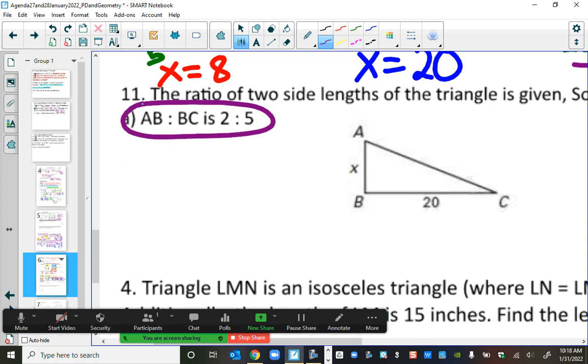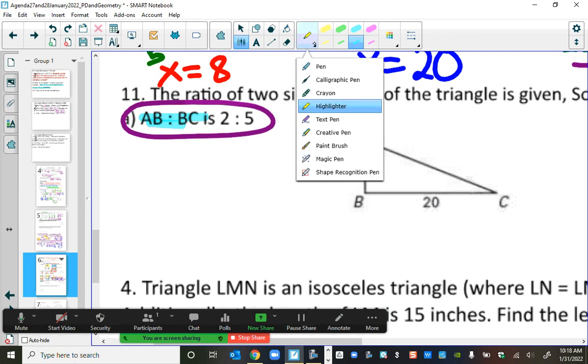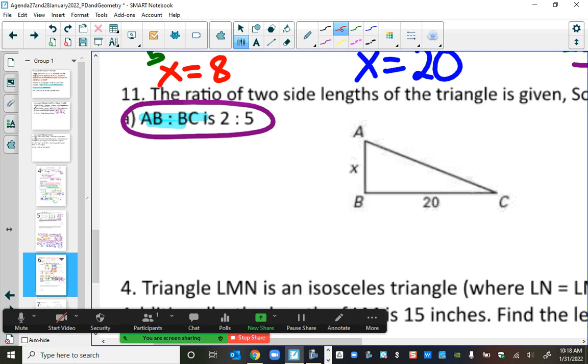Let's look at each part separately. First off, how can we rewrite AB to BC as a fraction? What's going to go on top? What's going to go on the bottom? Be careful.